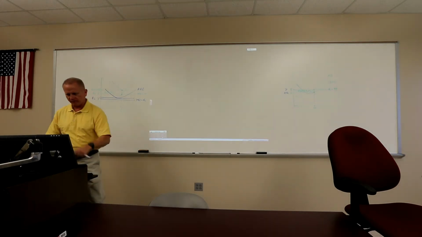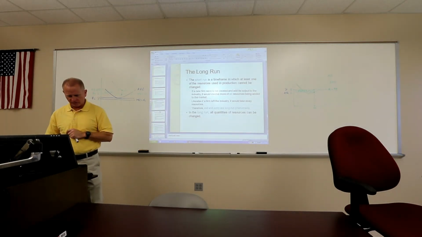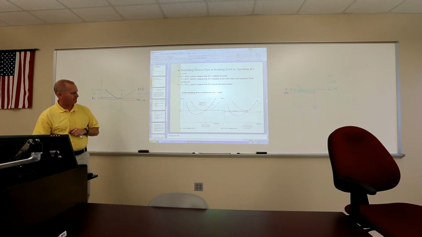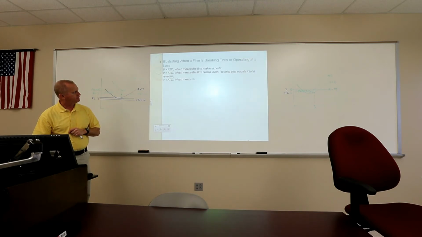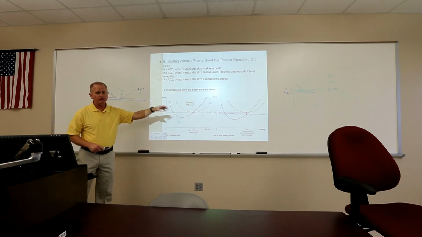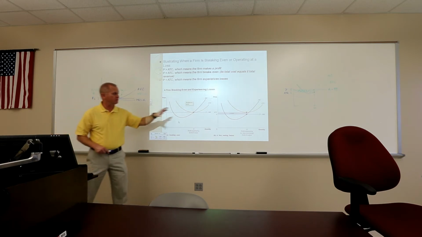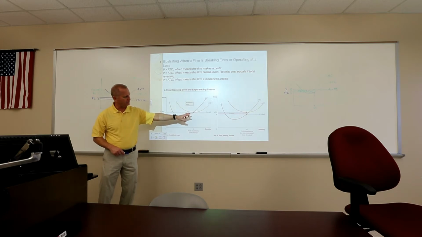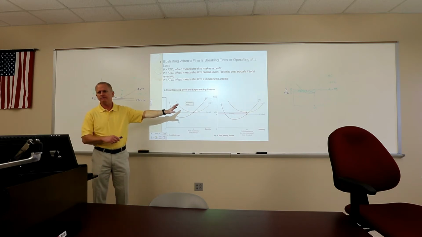Let me go back to that one big graph, this one. Graphically, this break-even point, this one's an example of zero economic profit. Okay, zero economic profit. I thought I had one somewhere.